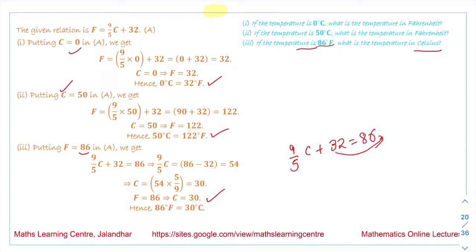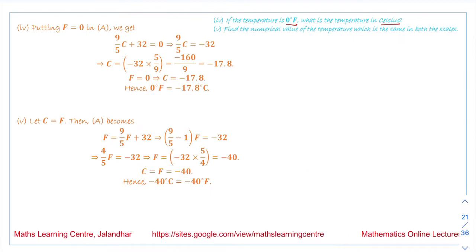We subtract 32 from both sides, we get 9/5 C is equal to 54. So we multiply on both sides by 5/9, and we get C is equal to 30 degrees Celsius. Similarly for 0 degrees Fahrenheit, the value of temperature in Celsius is minus 17.8 degrees.